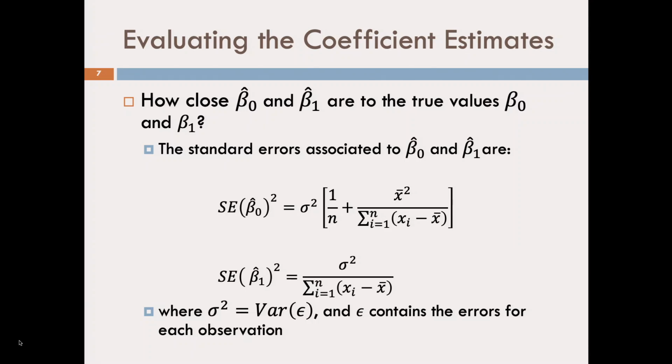This gives us how close the estimated coefficients are to the true coefficients. Here we are working with only one predictor variable, only one x, but this can be extended to more than one variable. That would be multiple linear regression.